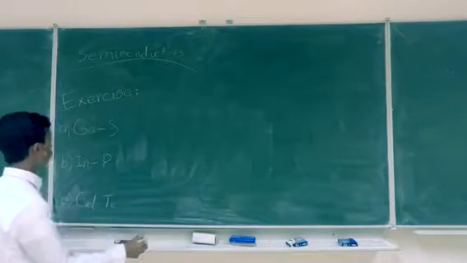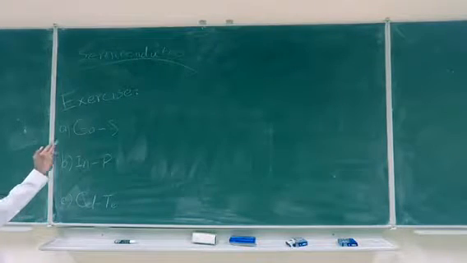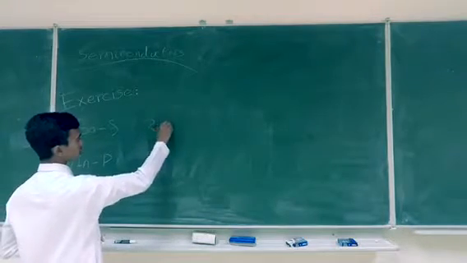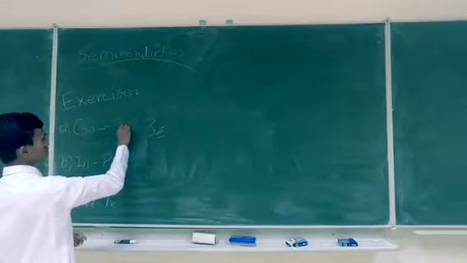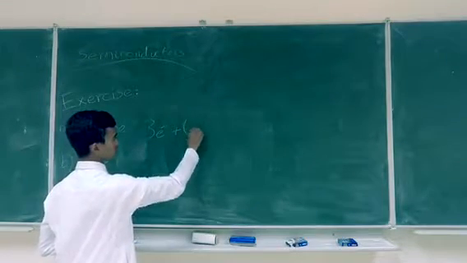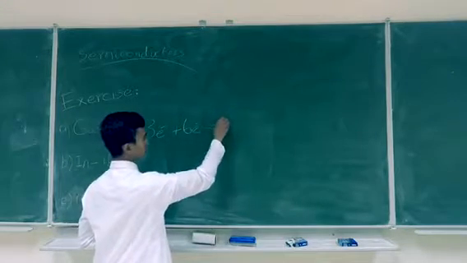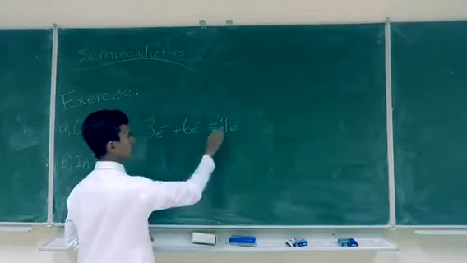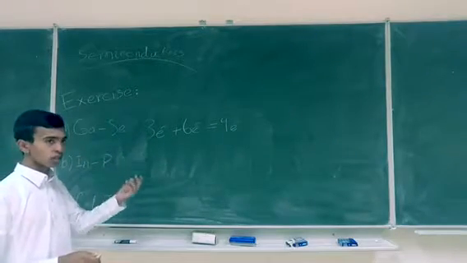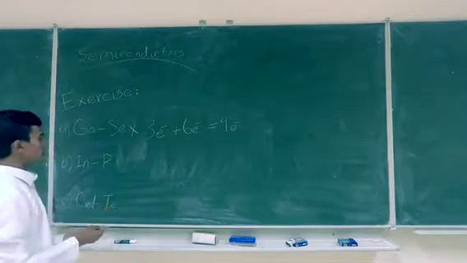First we have gallium, which has 3 valence electrons, and selenium, which has 6 valence electrons. When we add them, they equal 9 electrons, and 9 is greater than 8, so this cannot be a semiconductor.